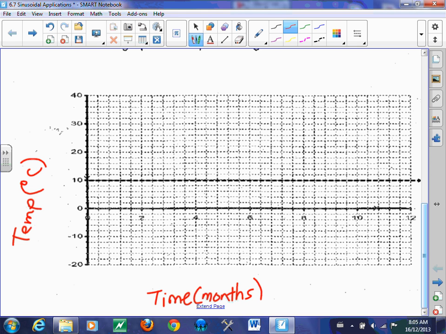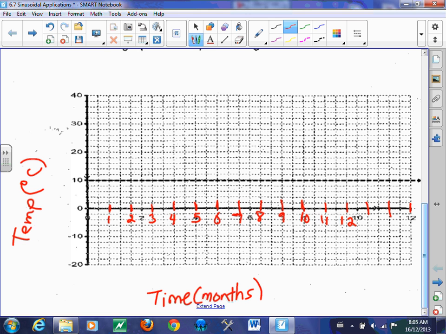Although I have an old scale here, I think on your handout you have a better scale. So I'm just going to go 1, 2, 3, 4, 5, 6, 7, 8, 9, 10, 11, 12, etc.